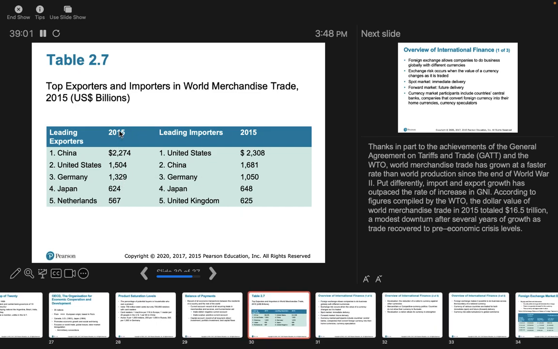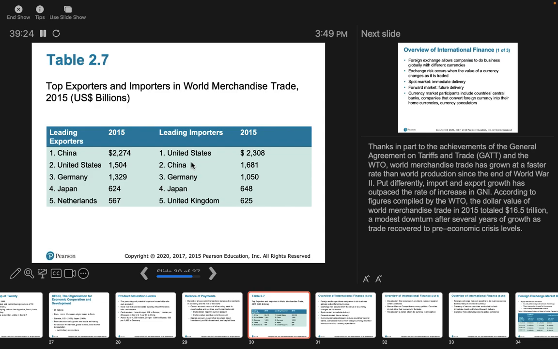These are top exporters and importers in the world merchandise trade. The leading exporters are China, United States, Germany, Japan, and Netherlands. And these are the leading importers. For China, we have United States. Then for United States, we have China.